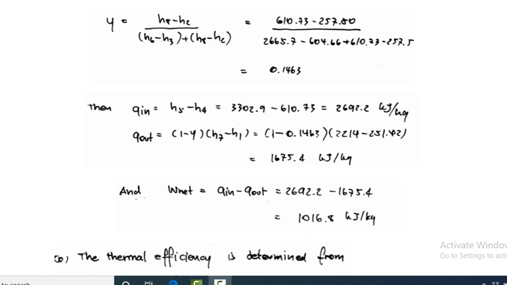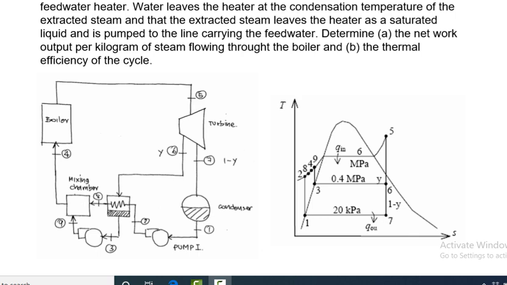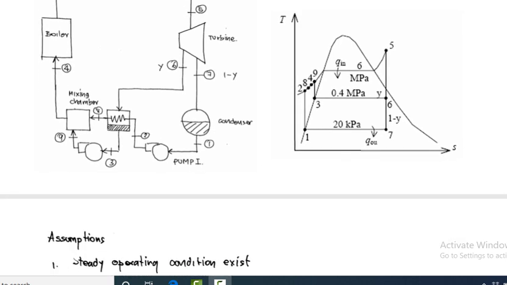Then you have to find q in, how much heat is added in the cycle, and q out, how much heat is rejected, and then the total work output. Q in equals h5 minus h4. This is the boiler, 5 to 4, where heat addition takes place, and this is the condenser, where heat rejection takes place.